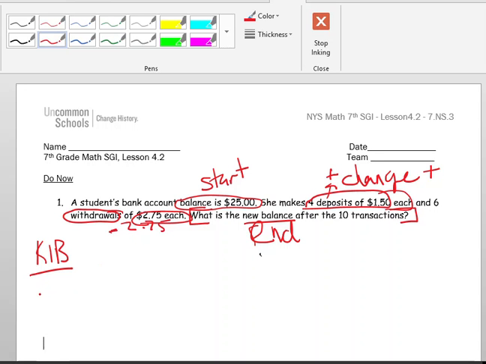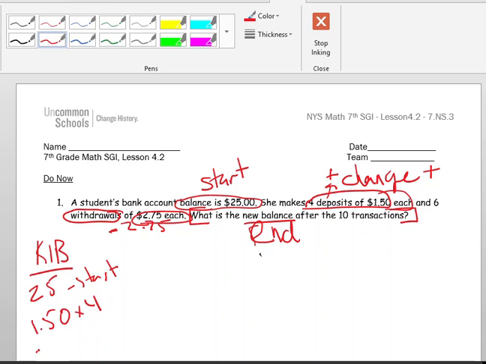All right. So in my key information box, I know that she has 25 as my start. 150 times 4 is part of the change.